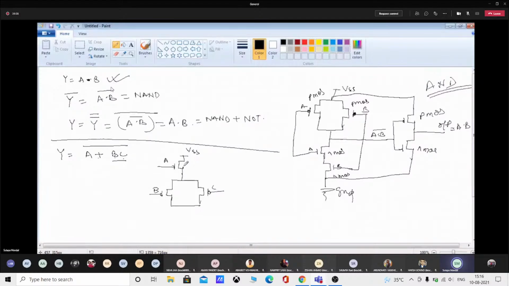Now, just opposite. In PMOS if it is like this, then NMOS will be what? A will be parallel with BC, and BC will be in series. So how will you make it? Like this we will make it.